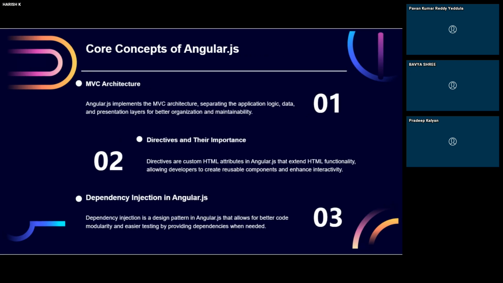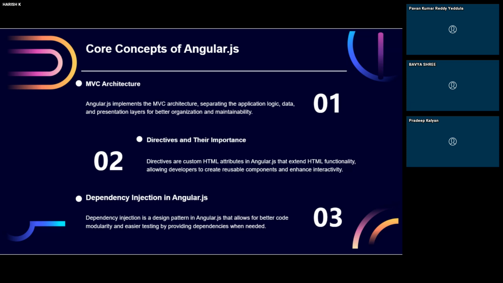So what are the core concepts of AngularJS? MVC architecture, directives, and dependency injection are the core concepts of AngularJS. AngularJS uses a model view controller architecture to separate concerns in an application. This approach ensures the app is easier to test and maintain. Directives are one of the most powerful features of AngularJS.